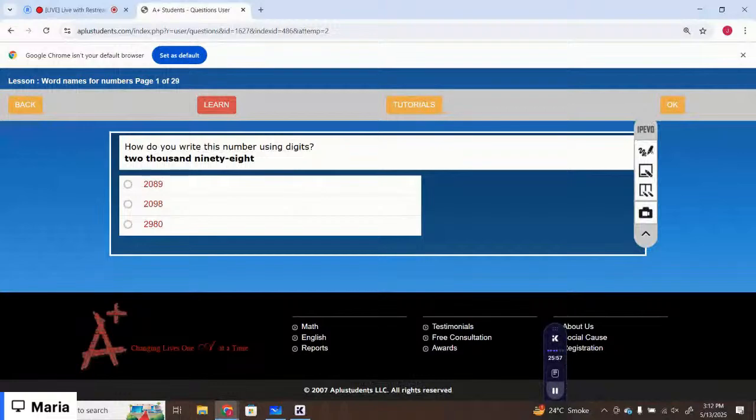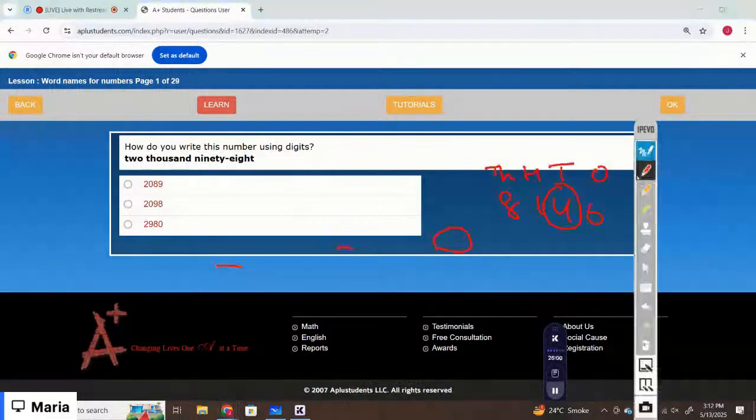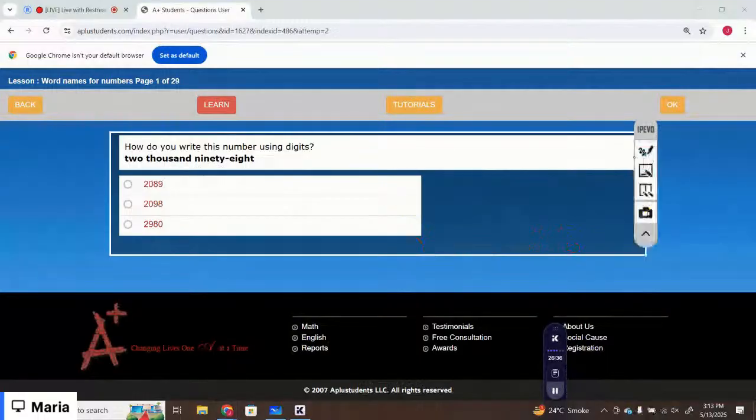How do you write this number using digits? Ones, tens, hundreds, thousands. 2 is at the thousands digit. Then we don't have hundreds. And 98. So that is 2098. Option number 2 is the correct option.